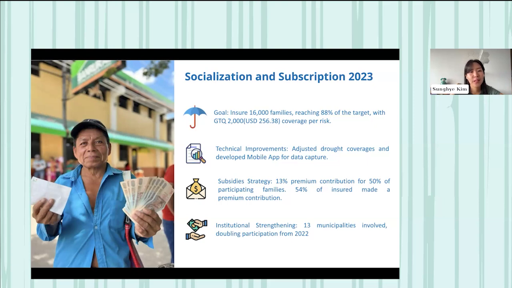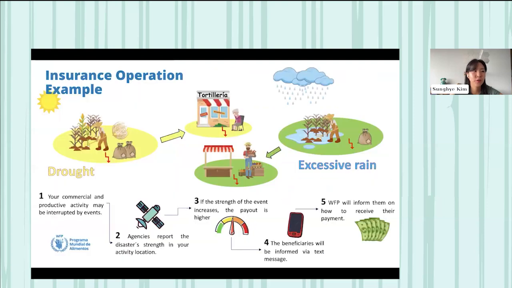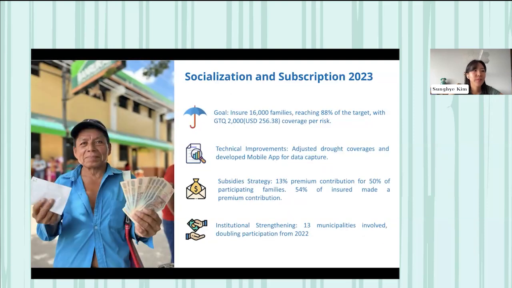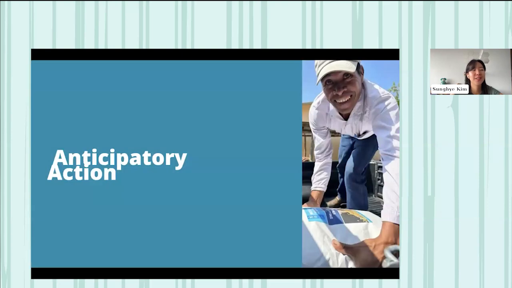If I mention a few of our key findings of parametric insurance, this insurance works best when it is combined with other development and disaster management strategies, not as a standalone solution, but one tool of many. So let's move forward to anticipatory action.